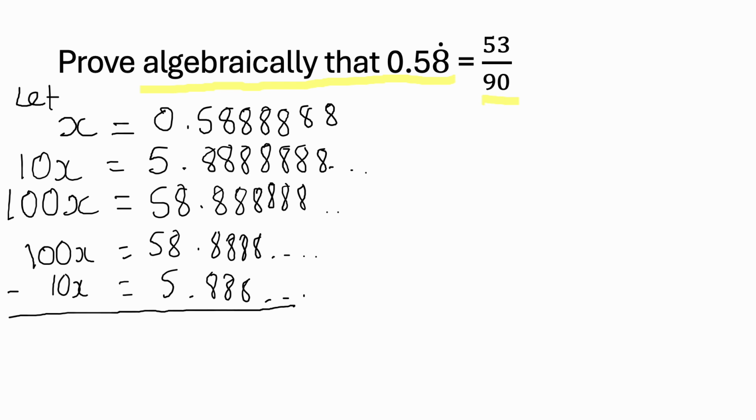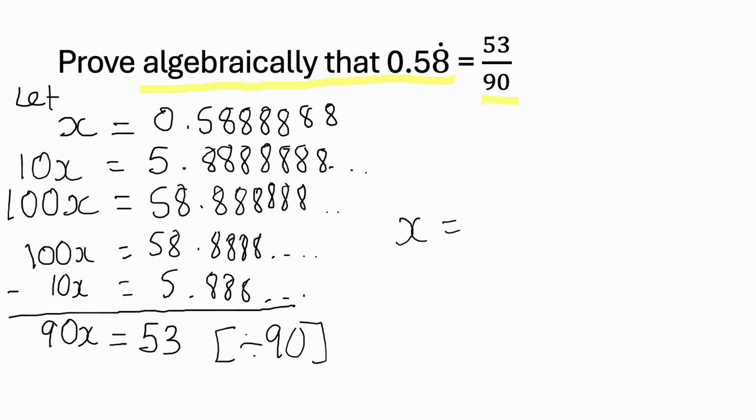So essentially we're doing 58 subtract 5, which is 53. And then 100x subtract 10x is 90x. So 90x is equal to 53. To work out what x is, we divide by 90. So we get x is equal to 53 over 90. Lovely.